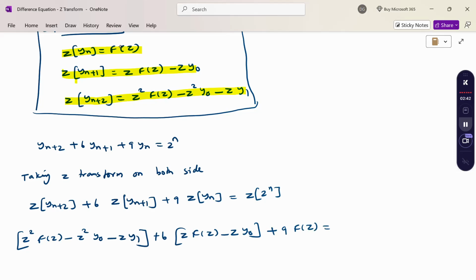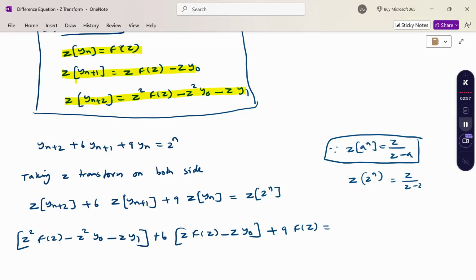Now what is the rule? This value Z of a to the power n equals z by z minus a. Now a value is 2, so Z of 2^n is z by z minus 2.